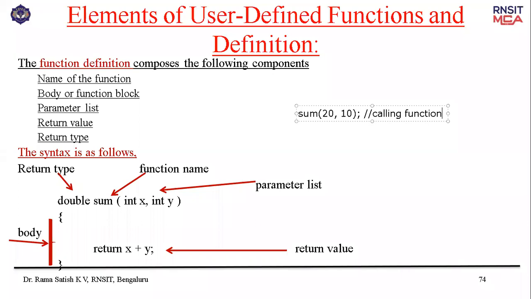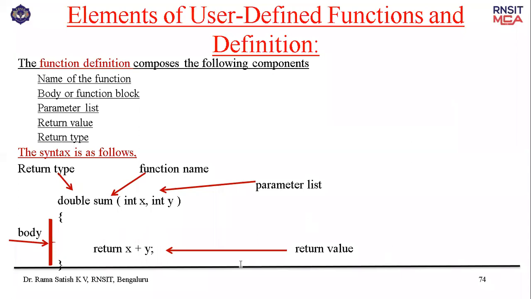So this is called function calling. So during function calling, the values are called arguments, and of course in the definition you have parameters. This is the thing that you should never forget.